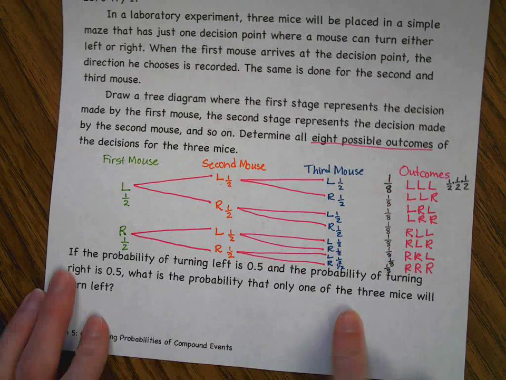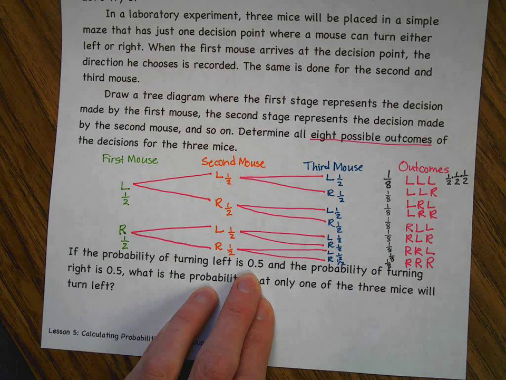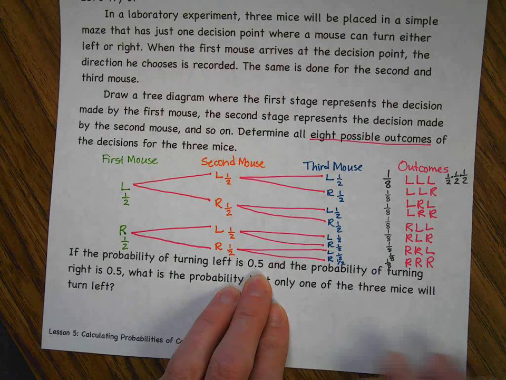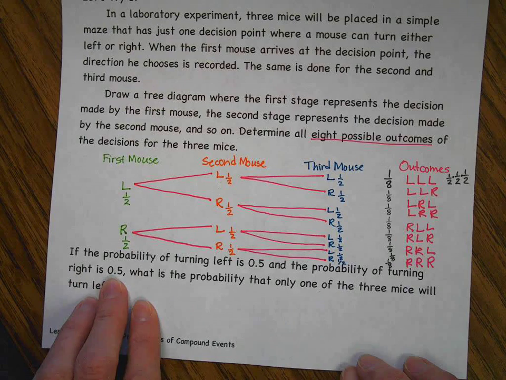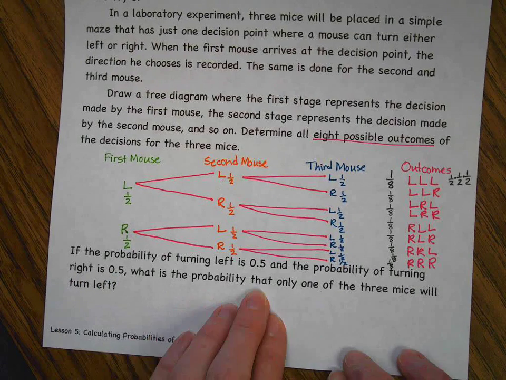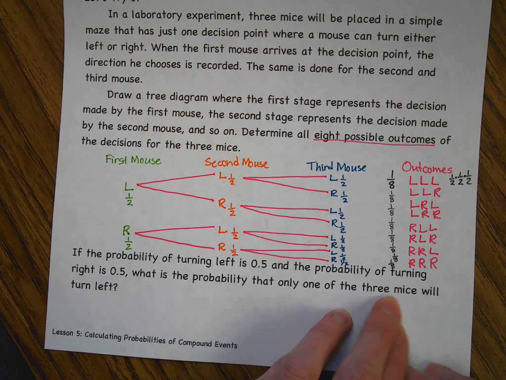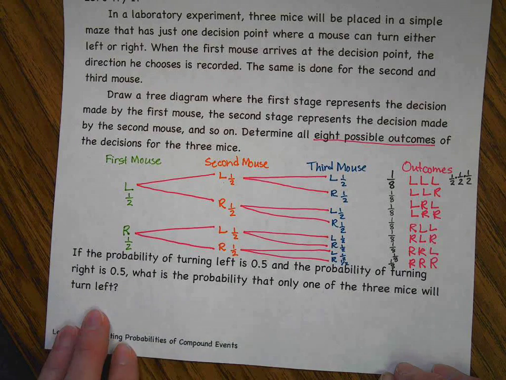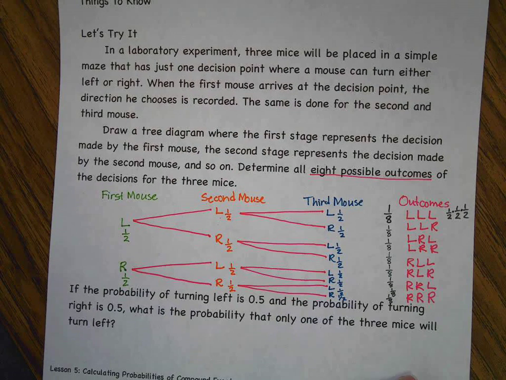So now it's asking, what is the probability that only one of the 3 mice will turn left? And now that we know which outcomes those are, we have to take the probability of each. You know the probability of this one is 1/8, this one is 1/8, and this one is 1/8.